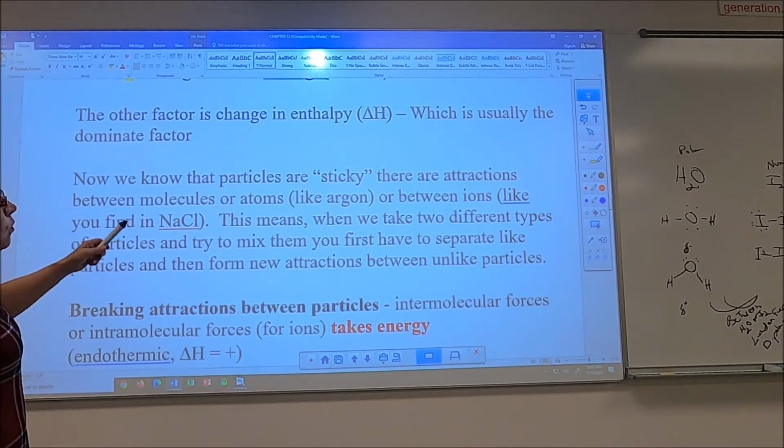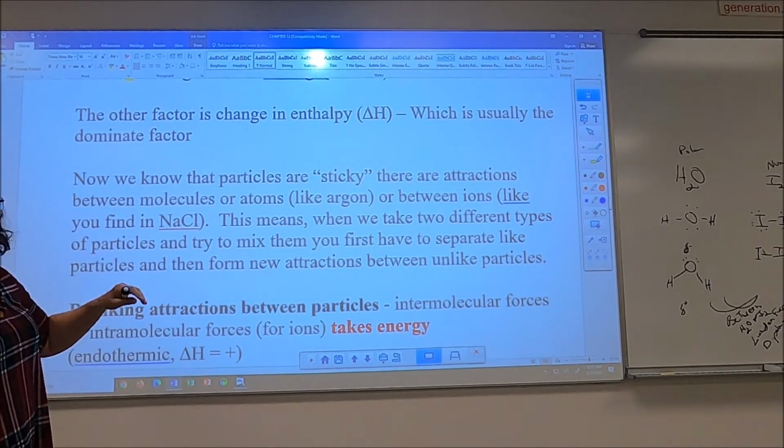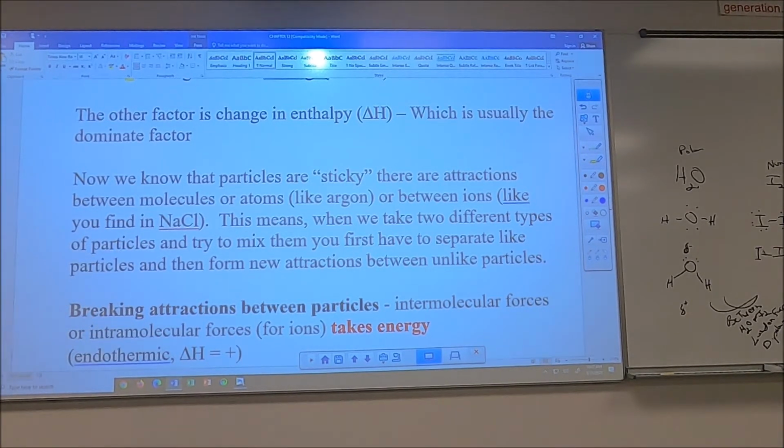Now, remember that all particles ultimately are sticky, so there can be attractions between the molecules: the dipole-dipole, the hydrogen bonding, the London force, the ion-dipole. All of those are the sticky factors, the attractions that we can have between particles. So when I mix things together, I'm changing who's stuck to who.